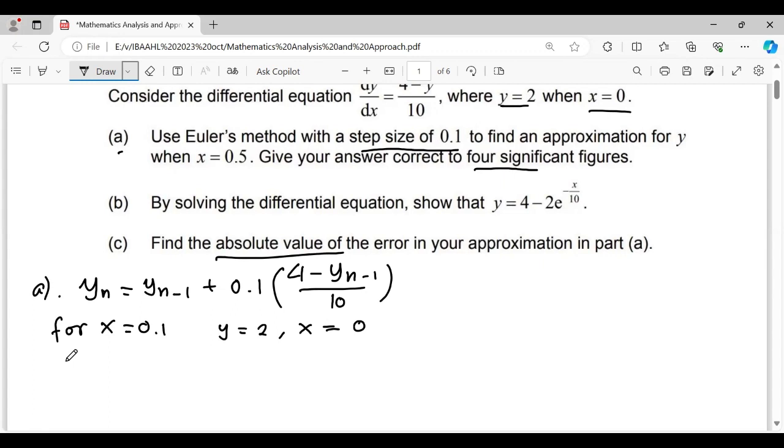So it means y1 equals y0, this is y0, plus 0.1 times 4 minus 2 over 10, because I'm going to replace y0 with 2.